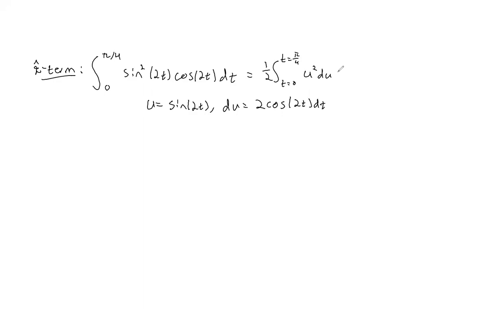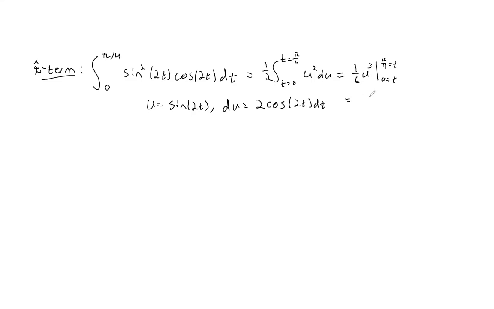So what's that going to be? Everything checks out. This becomes 1/6 u cubed, evaluated from t is 0 to t is pi over 4.